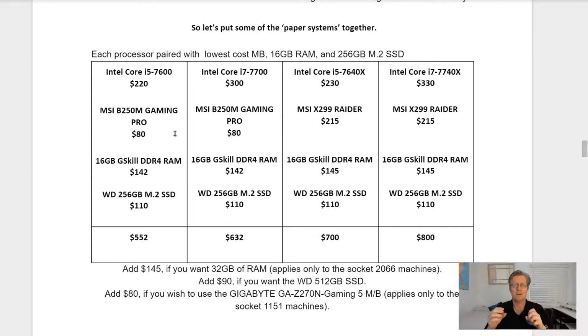$552. The next system is with the Intel Core i7 7700. That one is $300. Paired up with the MSI B250M Gaming Pro for $80, with its 16 gigs of G.Skill DDR4 RAM for $142, with the Western Digital 256 gigabyte M.2 SSD for $110. That one would cost $632.